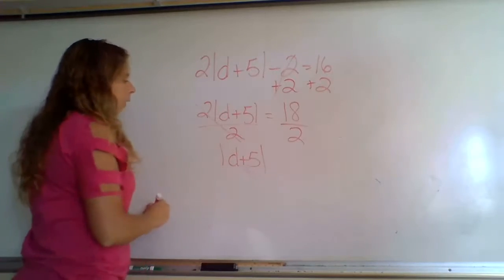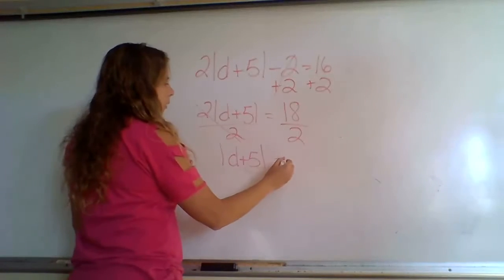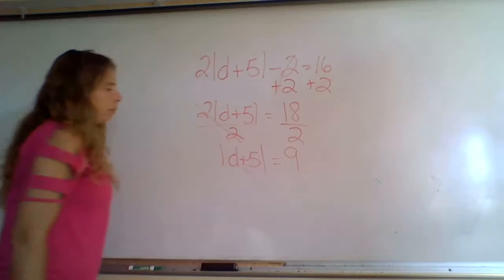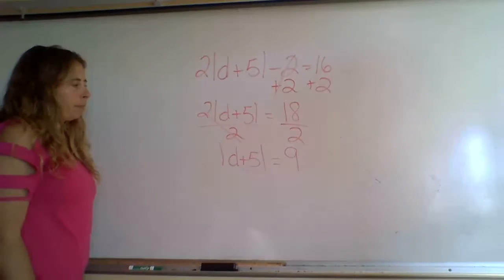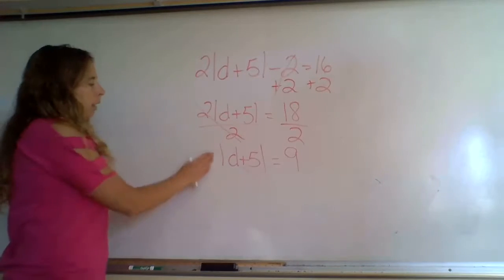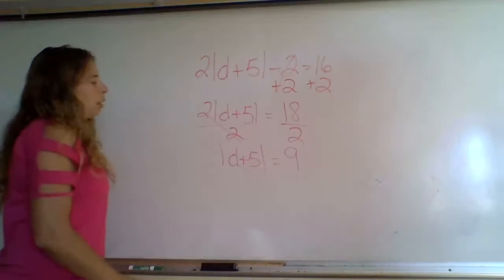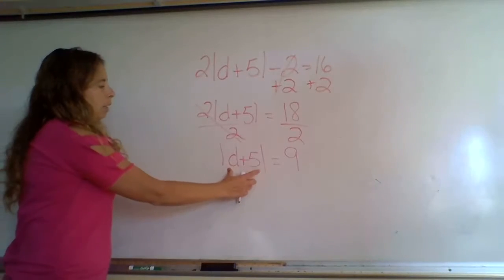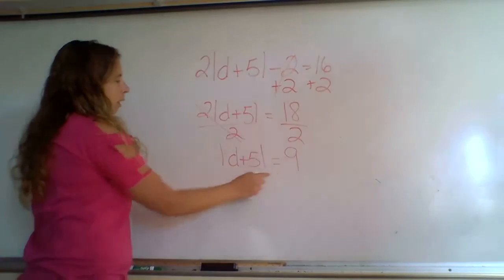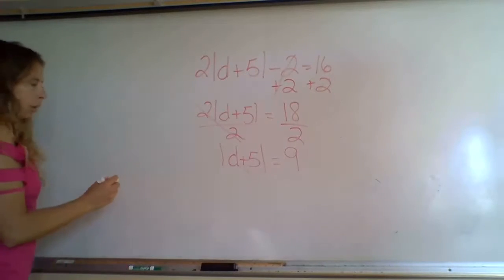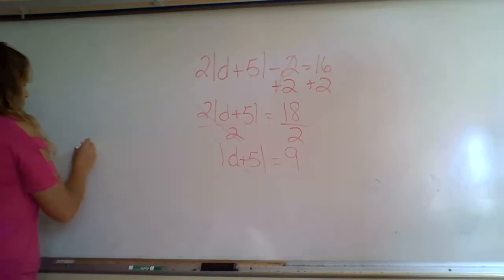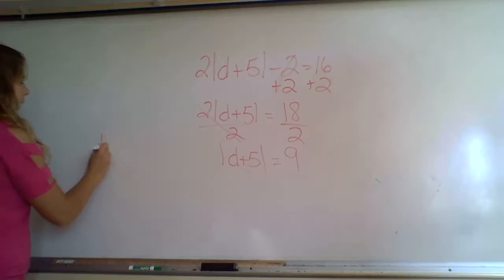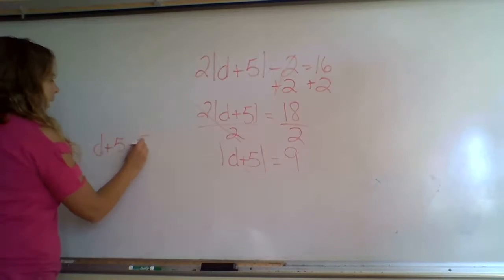So you have the absolute value of d plus 5 equals 9. Now you don't have anything else left on the outside. So you're going to put what's inside the absolute value equal to positive and negative. So d plus 5 equals 9.